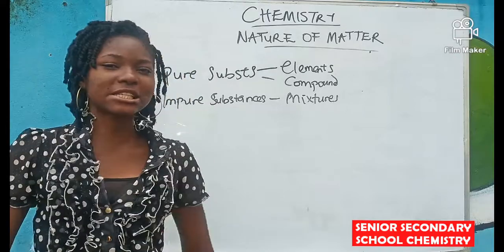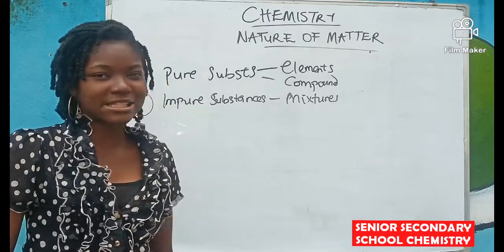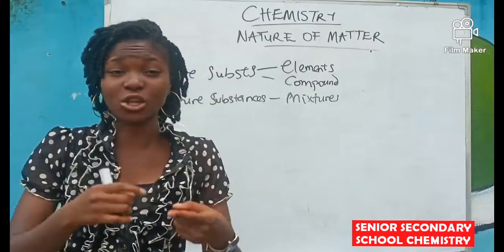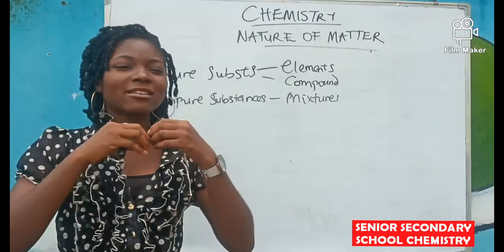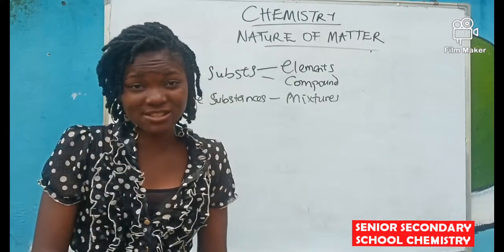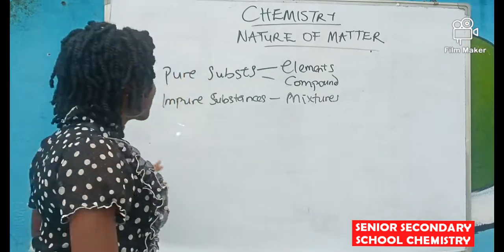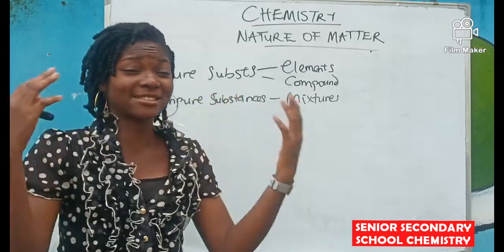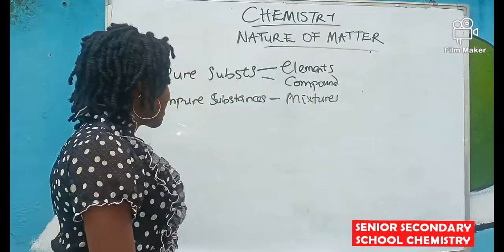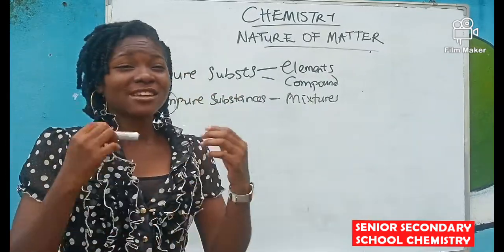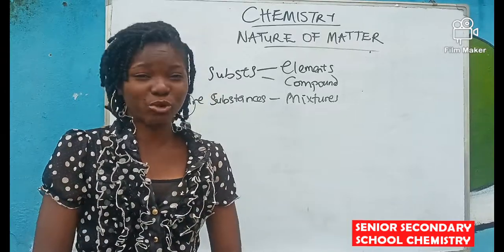The pure substances are substances that have the following properties. One, their constituents are definite. Two, they are homogeneous, meaning they are the same throughout. Three, they have unique physical properties.